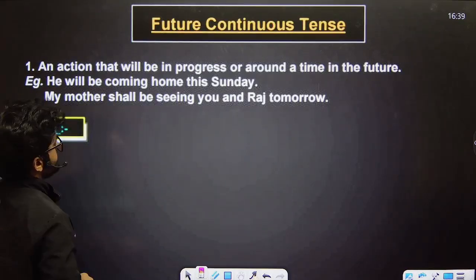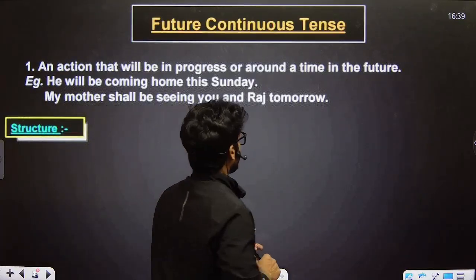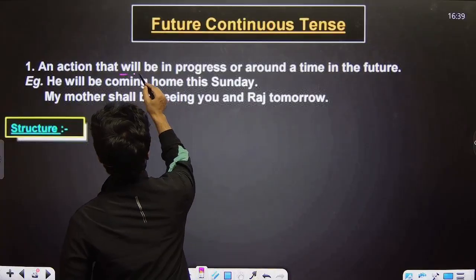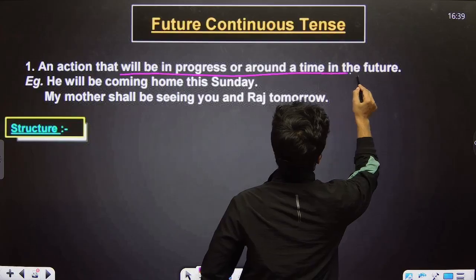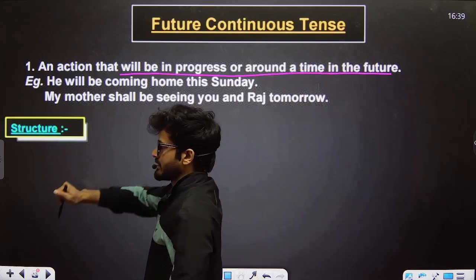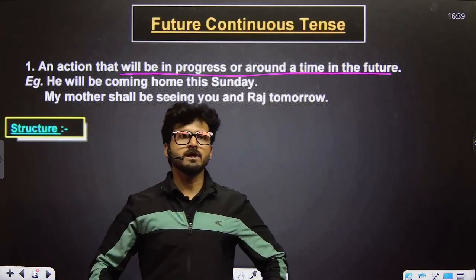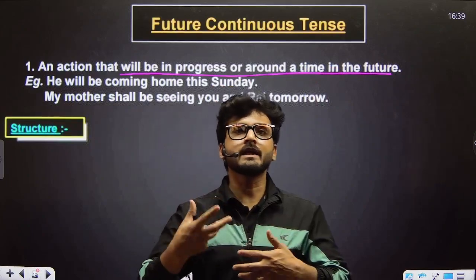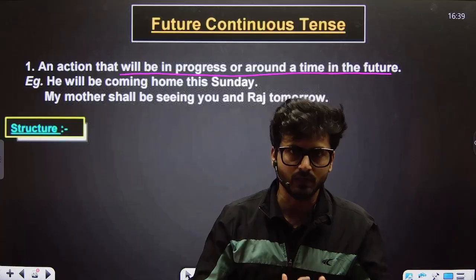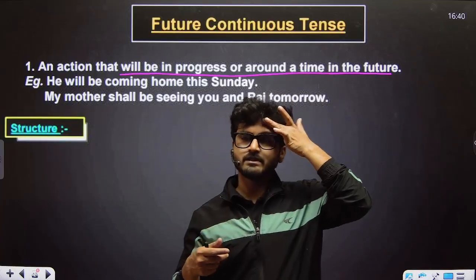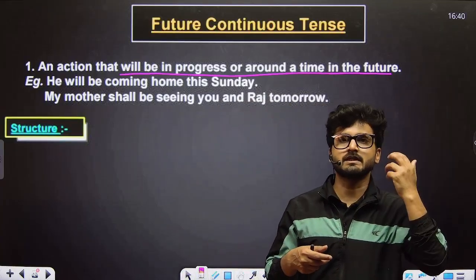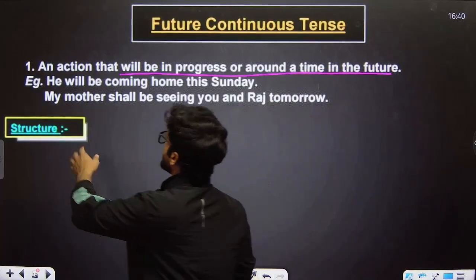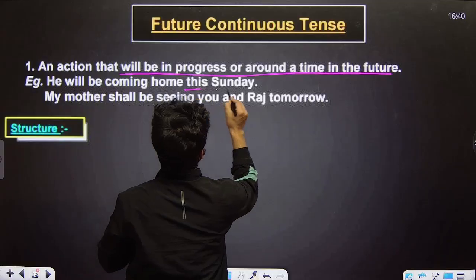Next comes the future continuous tense. Here something is in progress around a time in the future. That means it will be happening in the coming days, coming month. A fixed time or time reference might be there. For example, he will be coming home this Sunday.